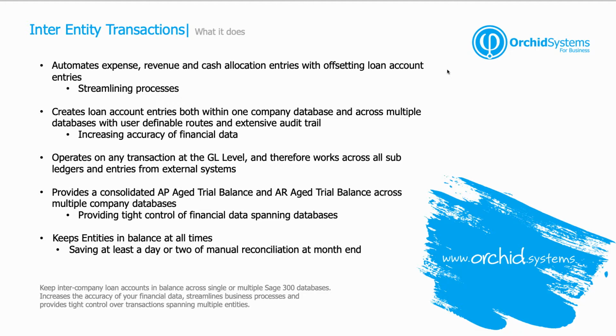It operates on any transactions at the general ledger level and therefore works across all subledgers and entries from external systems. Provides a consolidated AP and AR aged trial balance across multiple company databases to keep a tight control of financial data spanning databases, and keeps all your entities in balance at all times.